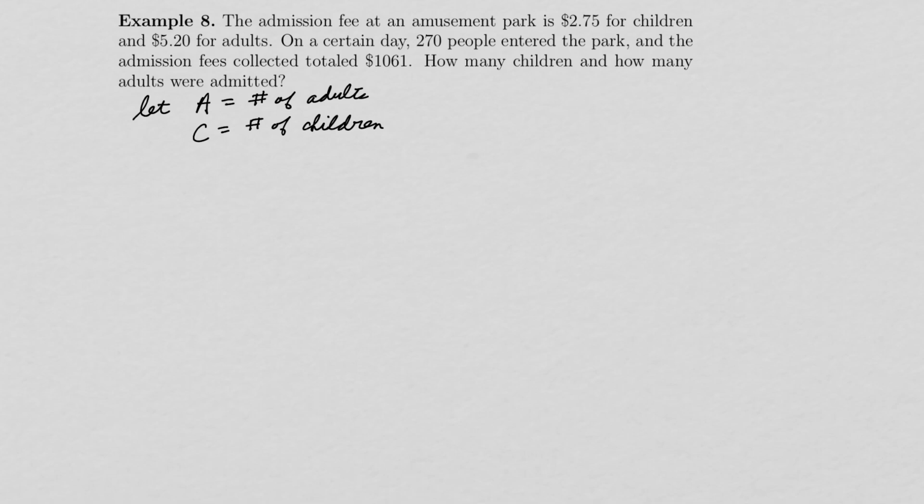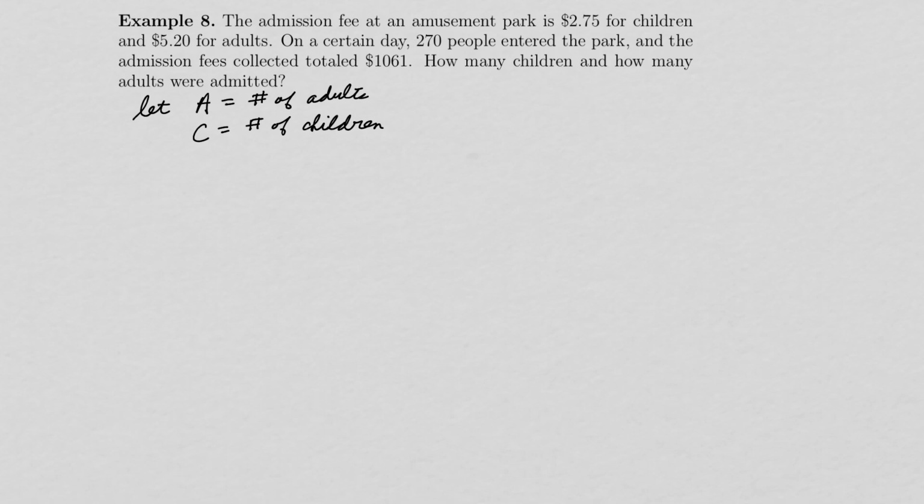Okay, so again, the first step is always to create variable names for the unknowns, the things that we're looking for. We're looking for the number of adults and the number of children. Now, remember, this whole idea is just solving a system of two linear equations with two unknowns. So we need to come up with those two equations. The first piece of information is based on the number of people attending.